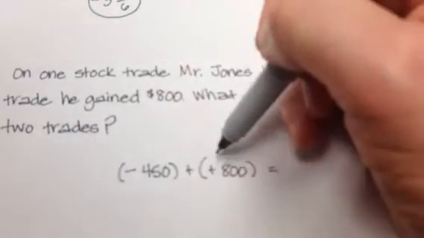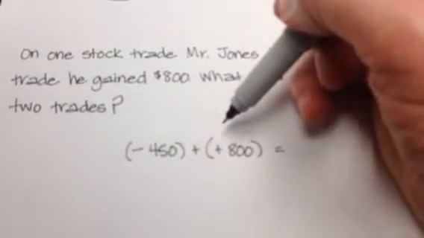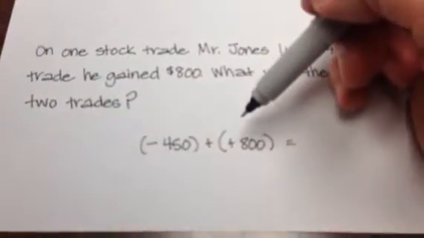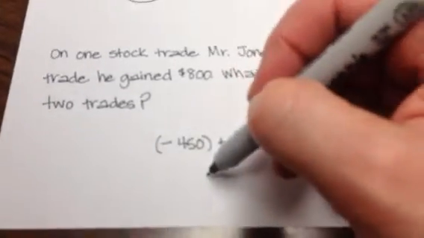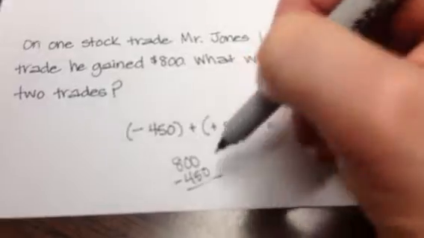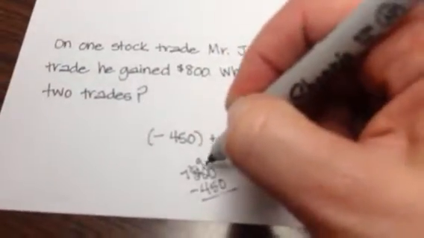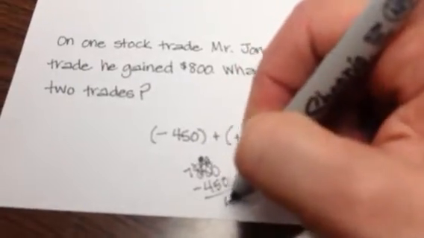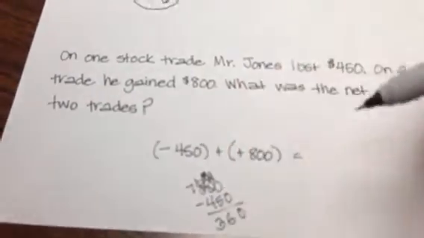Now I have 2 different signs, so what must I do? I must subtract the absolute values. So 800 minus 450. Oh, I can't do that. I have to borrow. Oh, not that far. So I have 350.